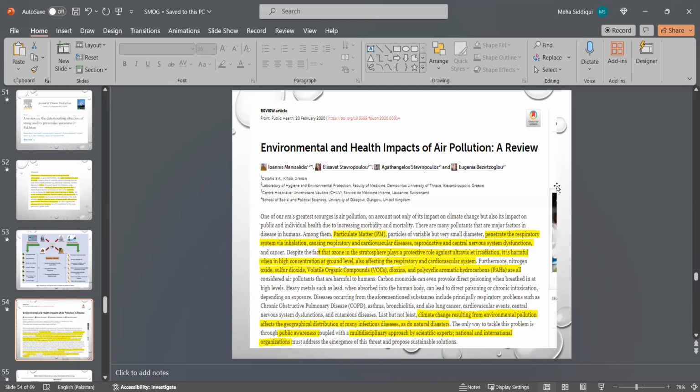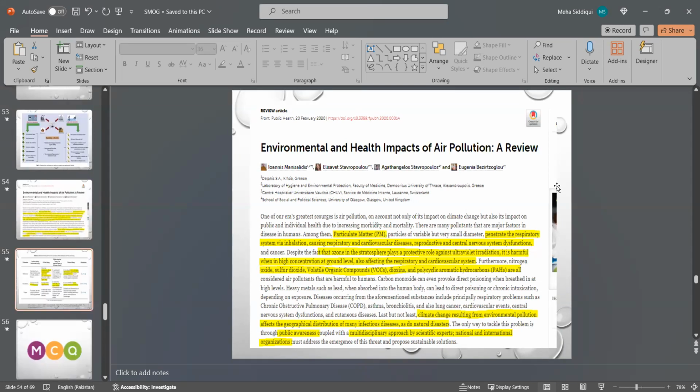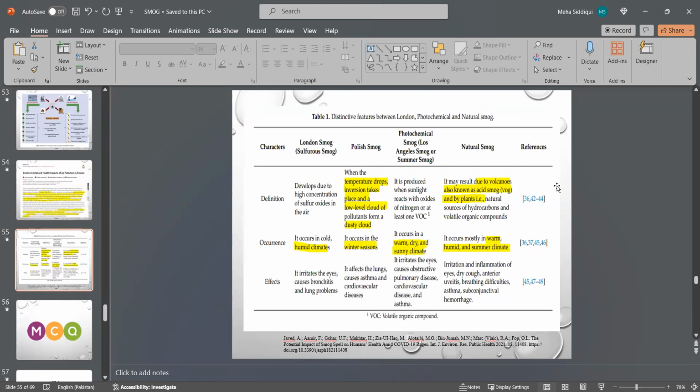This is another review on environmental and health impacts of air pollution. As we have already discussed, particulate matter penetrates the respiratory system via inhalation, causing respiratory and cardiovascular diseases, reproductive and CNS dysfunctions. This table shows distinctive features between London, photochemical, and natural smoke.